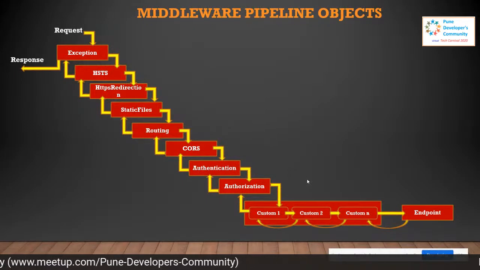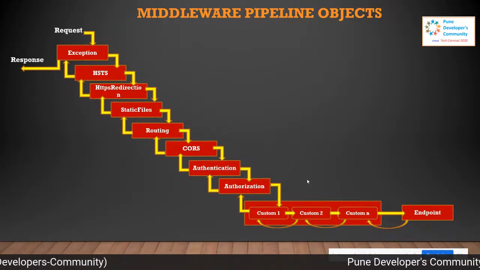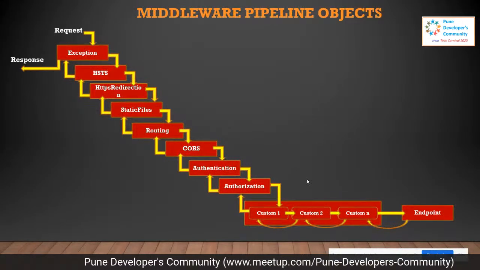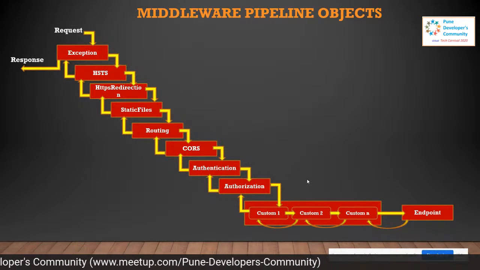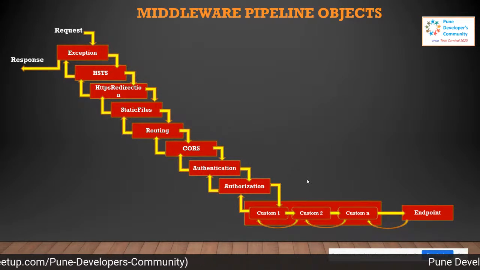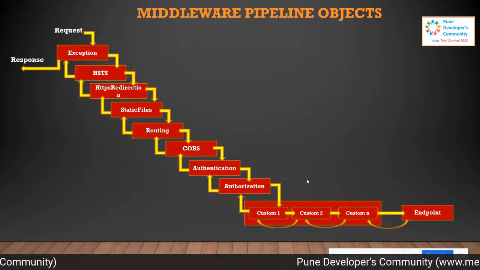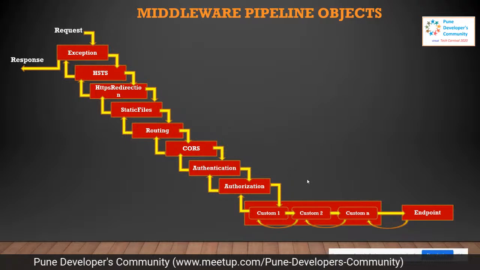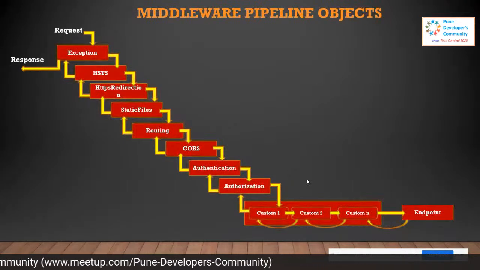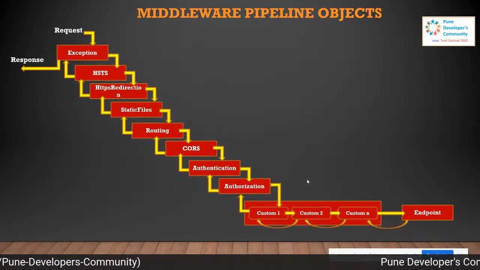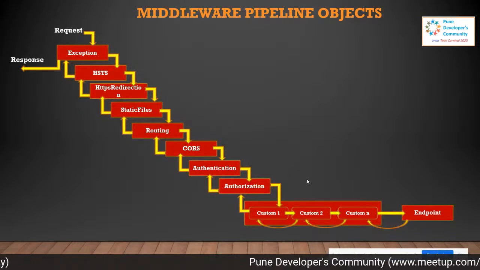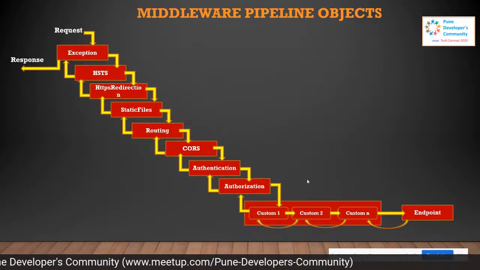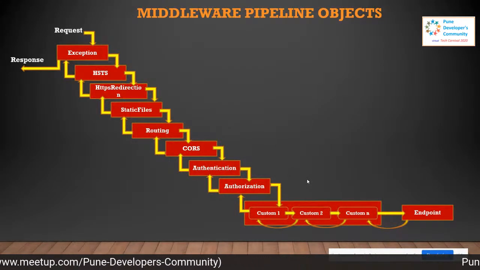Every middleware object here is, of course, a class that comes with the framework, and what it does is that it has a method called Invoke. The classes which are the middleware classes, so the exception middleware class, HSTS, these classes are constructor injected with a request delegate. The request delegate will execute the Invoke method of every middleware object.